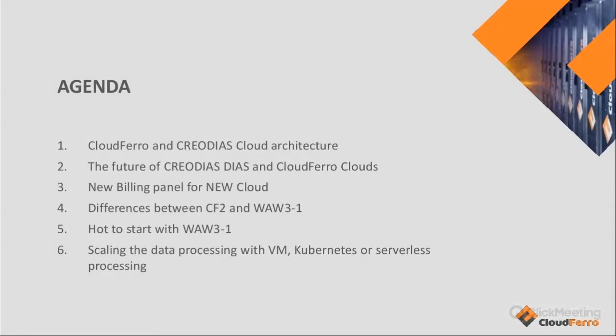And on the end note, there is a webinar in 2 days about Kubernetes as a service on WAW3-1. If you are interested in it, you should sign up. The right form is on the web page.